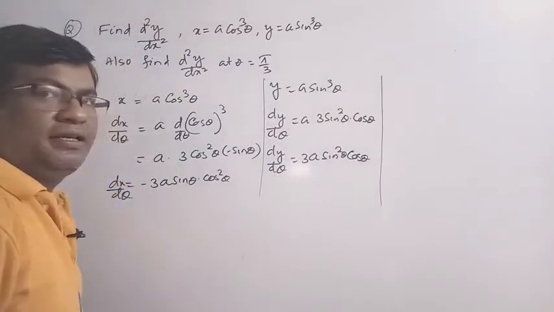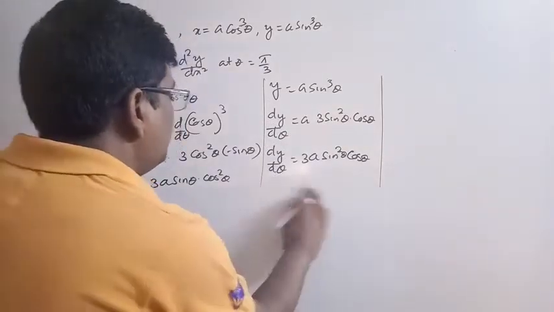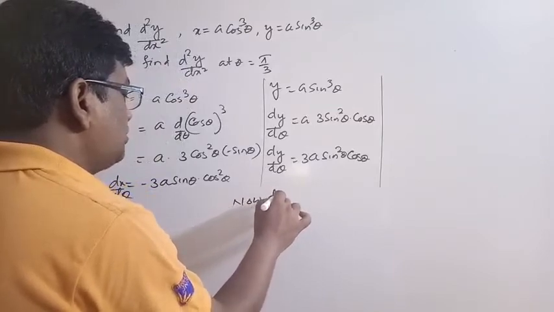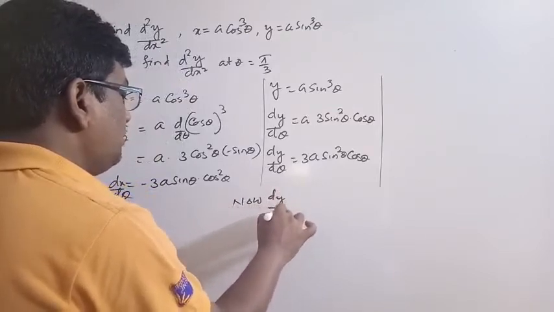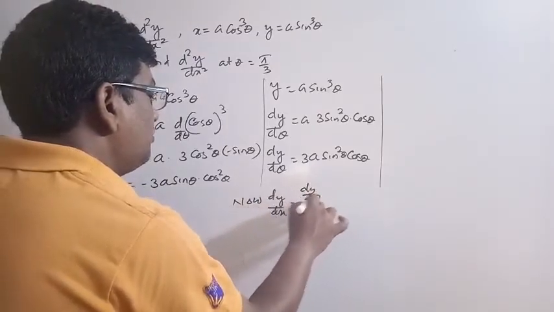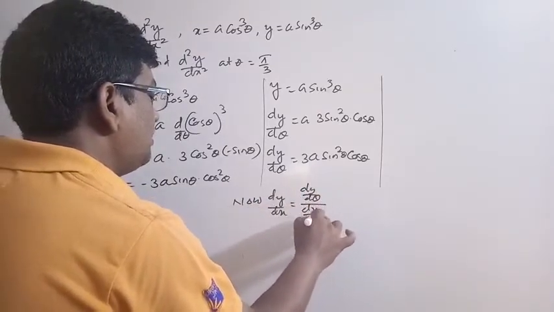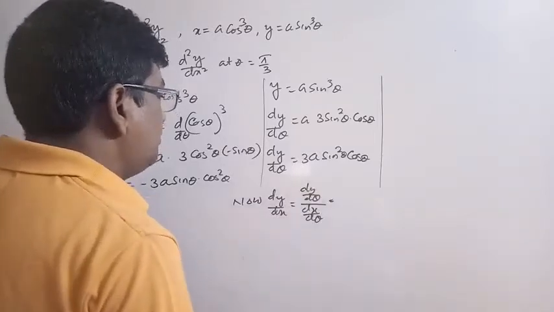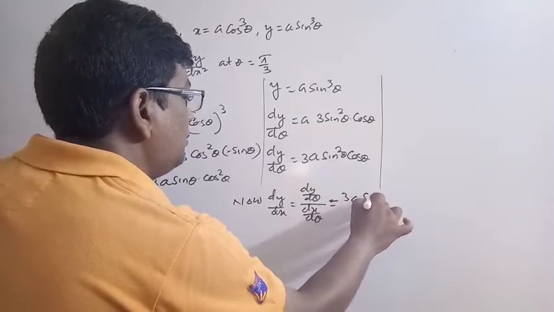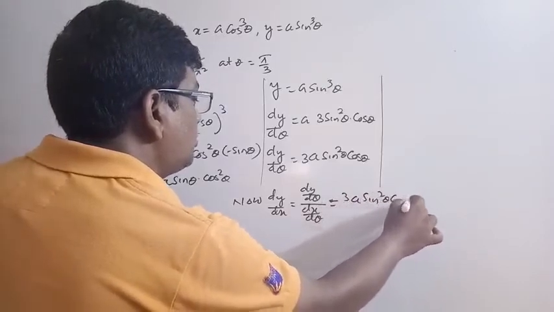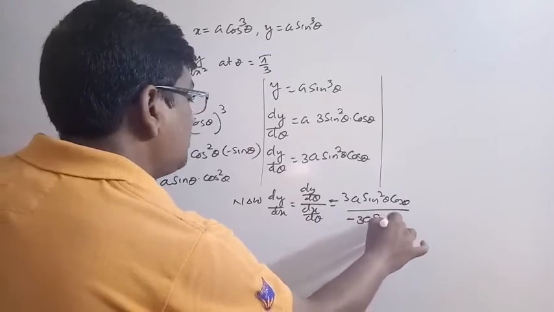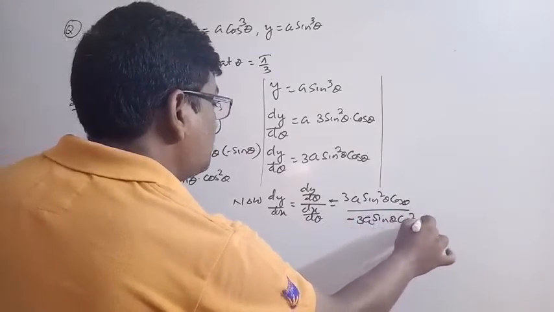Now dy/dx is equal to what? dy/dx is equal to dy/dθ divided by dx/dθ. So this is equal to 3a sin²θ cos θ divided by minus 3a sin θ cos²θ.